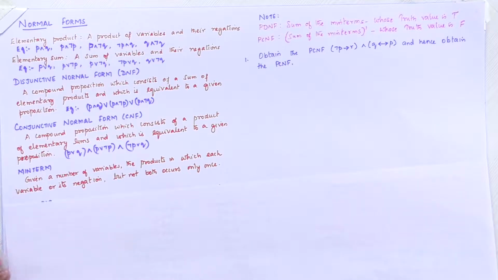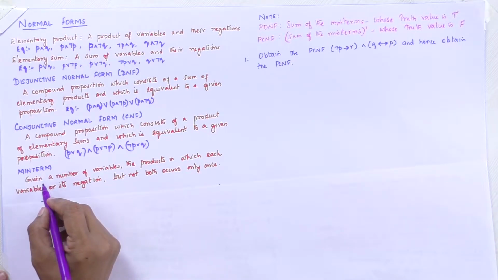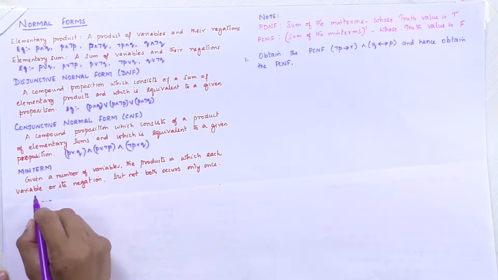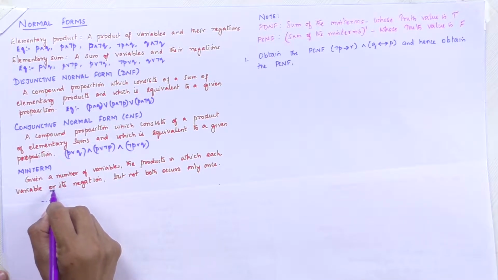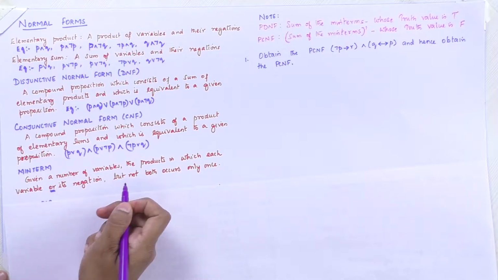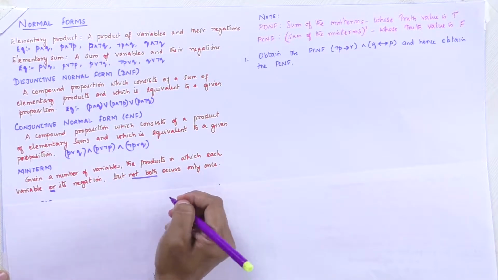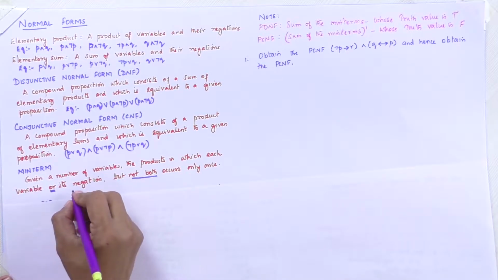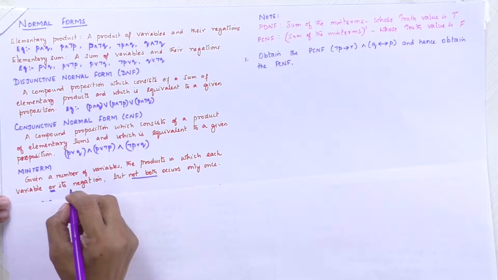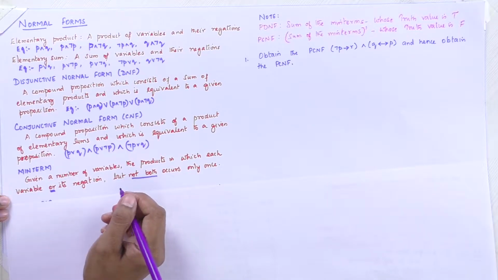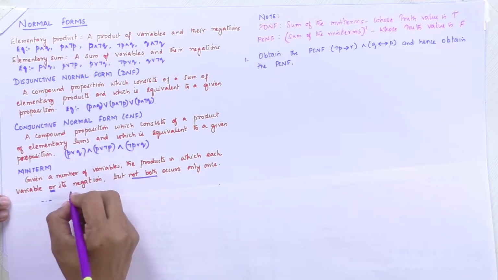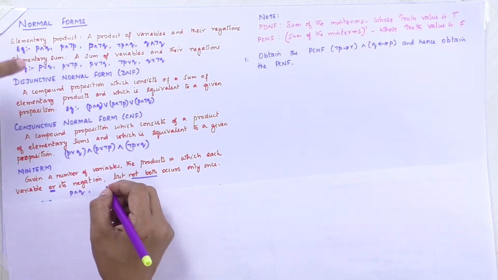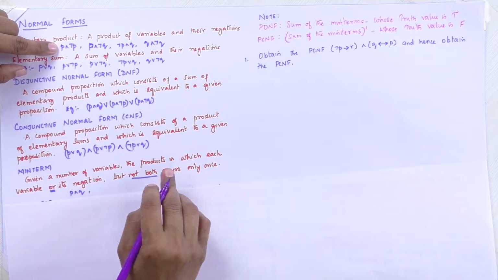Let me give you an example. What does this min term say? Given a number of variables, the products in which each variable or its negation, but not both, occurs only once. So for the product, I'll have P and Q. But I cannot have this P and negation P. That is what it means.